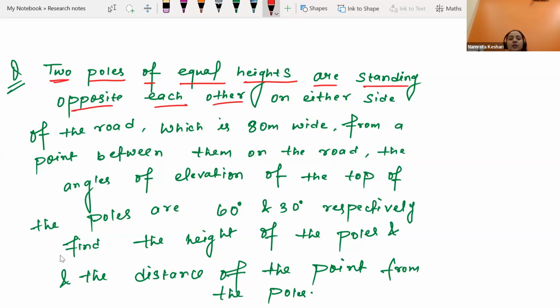What does that mean? On either side of the road. Okay, there is a road in between, and on one side there is a pole, on another side of the road there is another pole, but both the poles are of equal height. Yes or no? This much information we are getting from here, right?